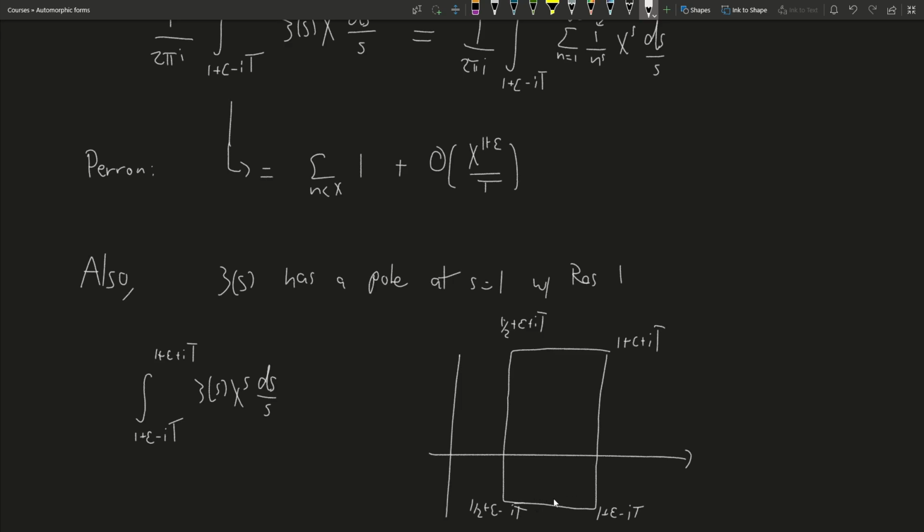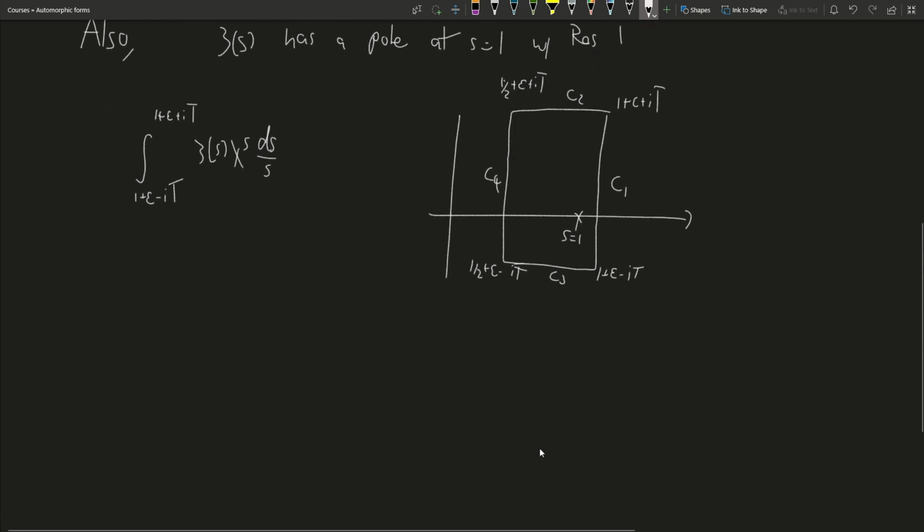And so let's give these segments names. So this is going to be C1, C2, C3, and C4. And we have one pole in this region, this pole at s equals 1. Okay.